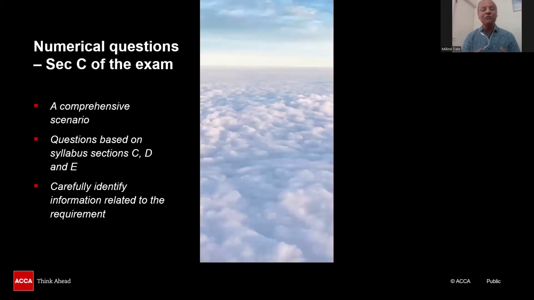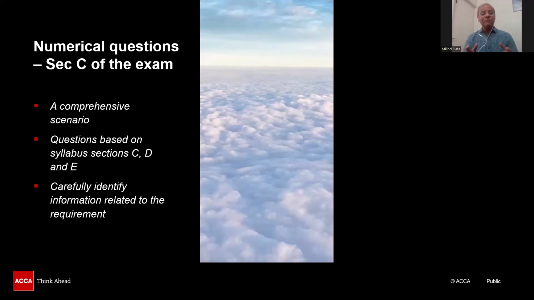What you need to do, of course, is to carefully identify information related to each of those requirements. The total question is for 20 marks, maybe therefore split into sub-questions as such.